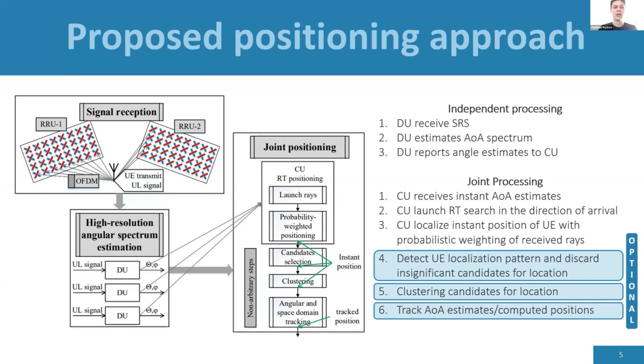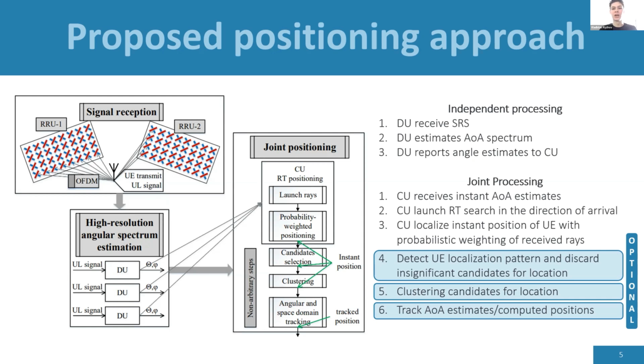Next is estimating the angular arrival spectrum, and after the distributed unit has estimated it, it finds angles of arrival and passes them to a cloud unit. The cloud unit contains a very complex 3D map, which allows it to trace rays.